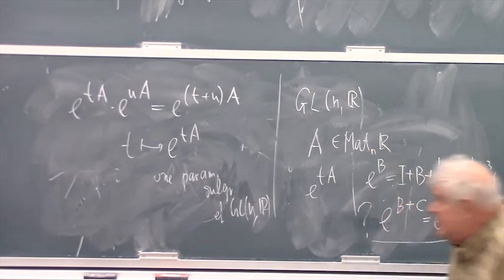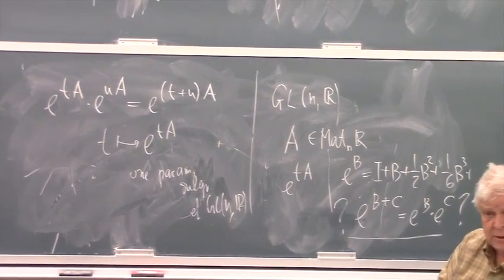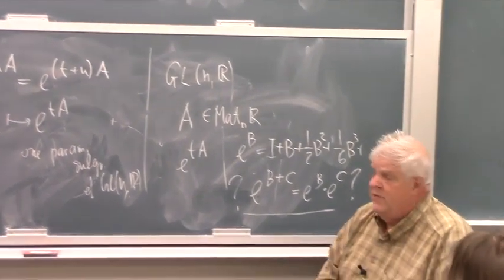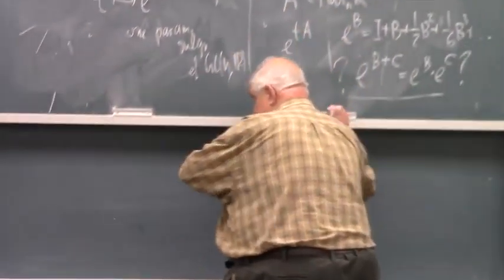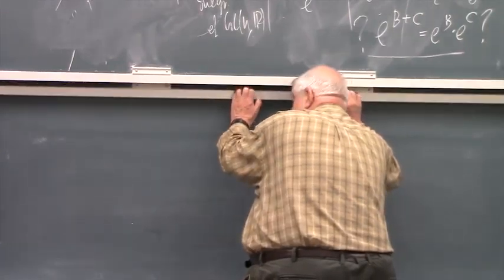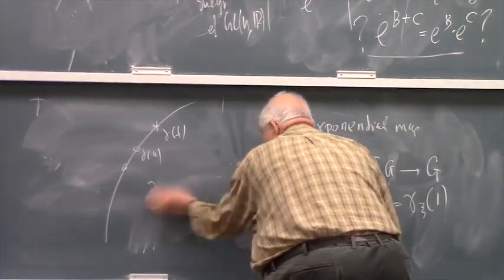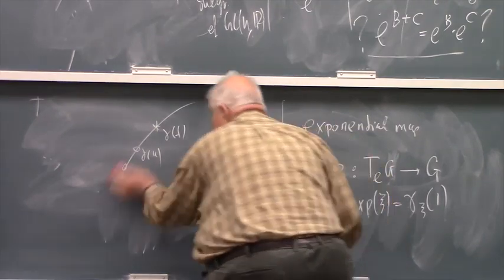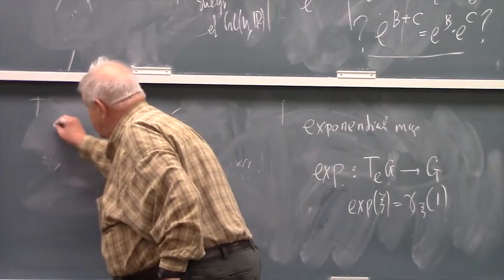As soon as we have this, we understand, first of all, the velocity vector of this one-parameter subgroup at 0. Velocity vectors belong to the tangent space.